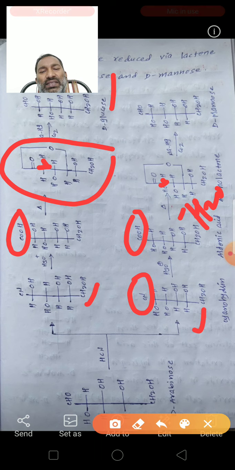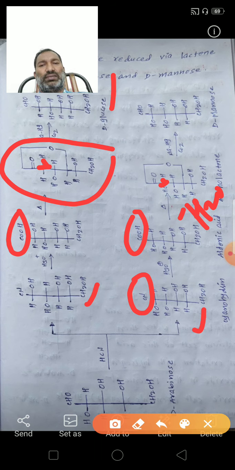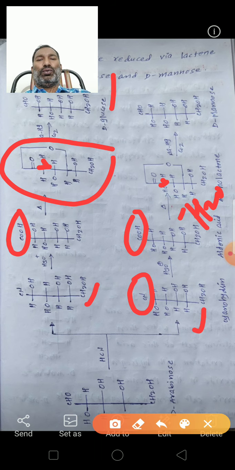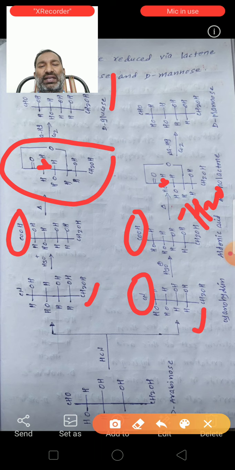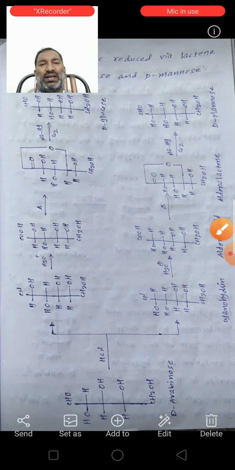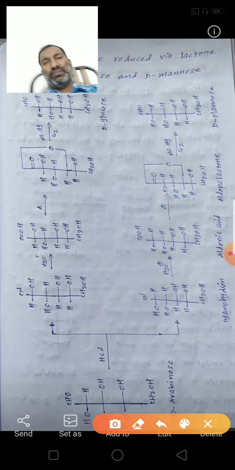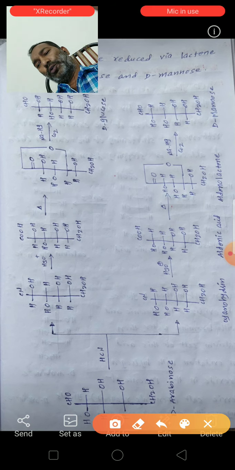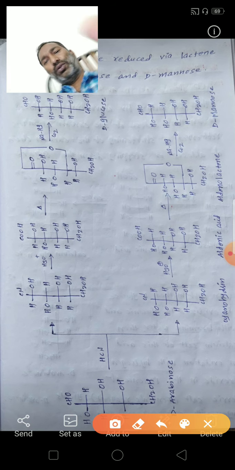So from this D-arabinose, we get two isomers, D-glucose and D-mannose. D-arabinose contains only 5 carbon atoms, while D-glucose and D-mannose contain 6 carbon atoms. This is the conversion of aldopentose to aldohexose.